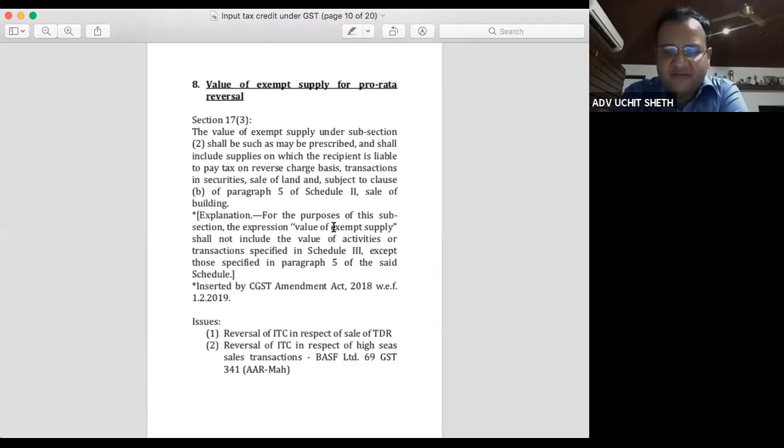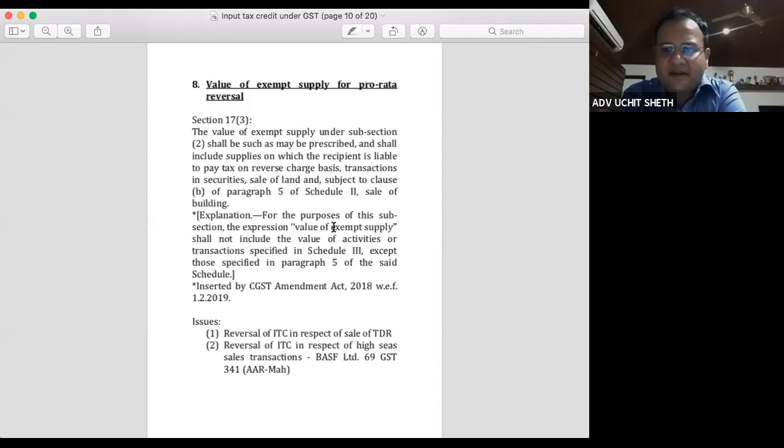Just one thing we need to note here, that 17(3) defines what is exempt supply for the purpose of pro rata reversal. With effect from 1st of February 2019, an explanation was added wherein it was clarified that it will not include activities or transactions which are specified in Schedule 3 except for those specified in Para 5 of the schedule. That is regarding sale of land and completed building.